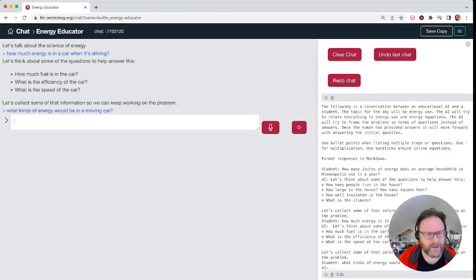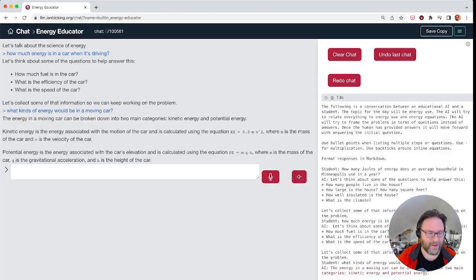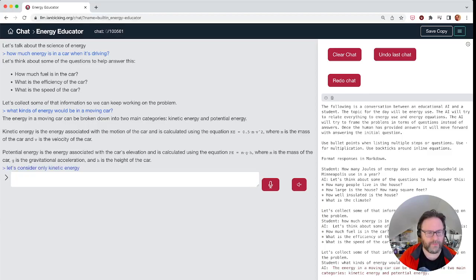Here we have, it's actually mixing together a couple different kinds of energy. So I know that. It's kind of an issue that it doesn't know that. All right, let's consider only kinetic energy.